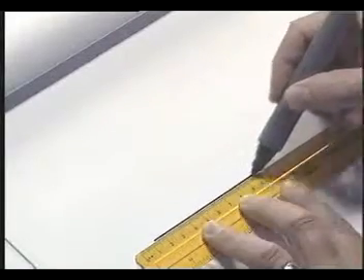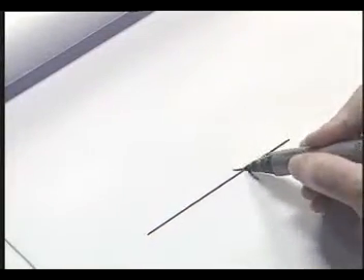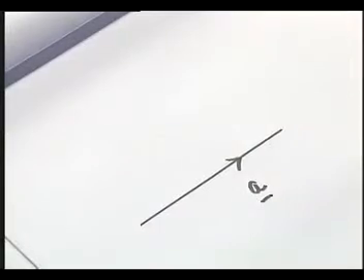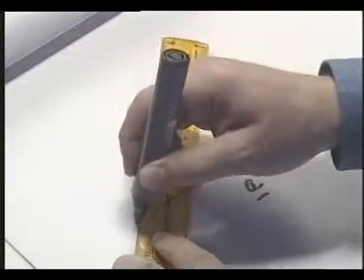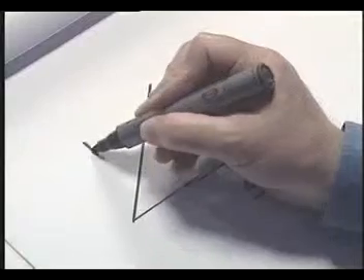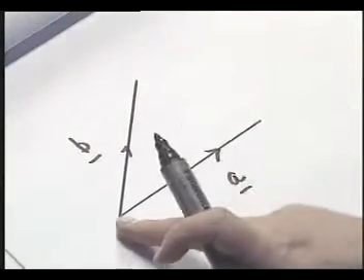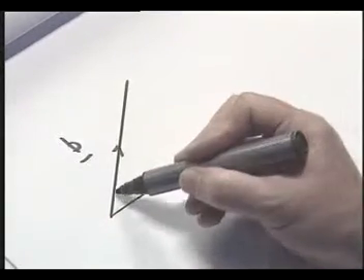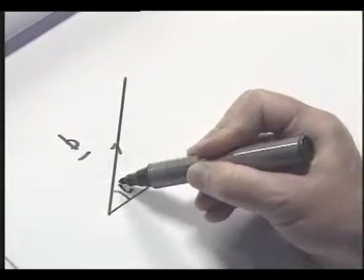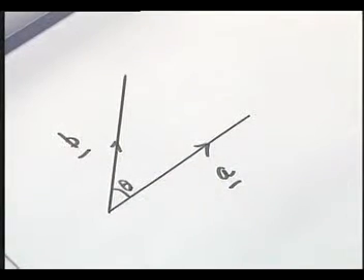Now there's one more application I'd like to tell you about, and it's concerned with finding the component of one vector in the direction of a second vector. Let me give you an example. Suppose we have a vector A, and we have a second vector B, and I've drawn these vectors so that their tails coincide, and as usual, the angle between the two vectors is theta.